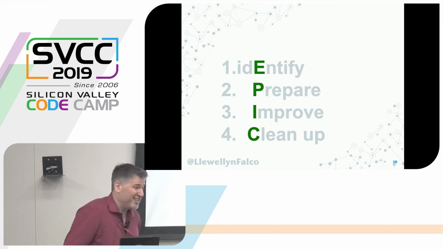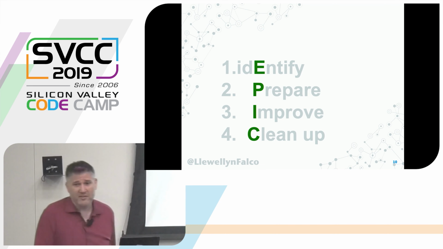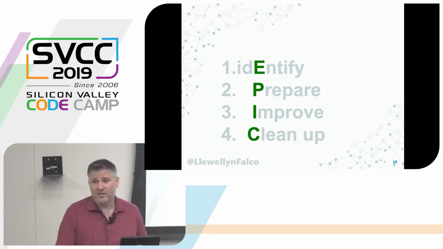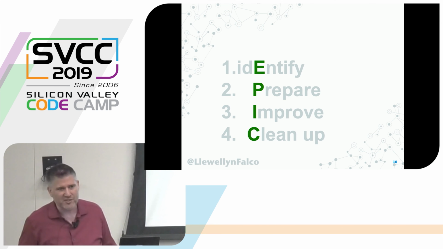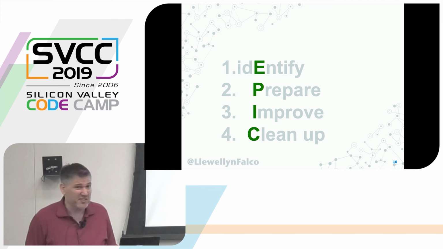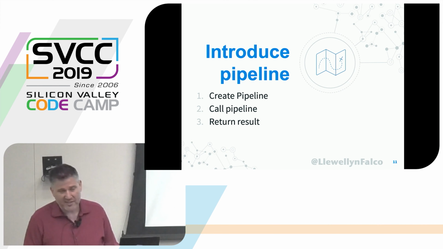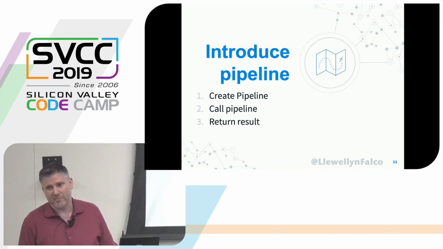You can do all this without extension methods if you are in a language that doesn't have them, but you're going to have to manage your objects a little bit more, unfortunately. But that's basically the only thing that I would consider C# specific about this. The basic idea, again, you're going to create your pipeline, you're going to call your pipeline, and then you're going to return the result from your pipeline. All right, that's what we're doing.